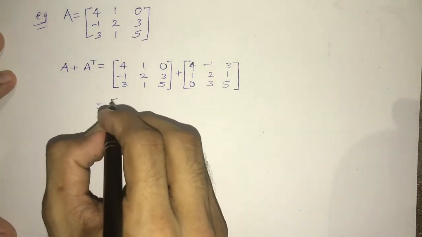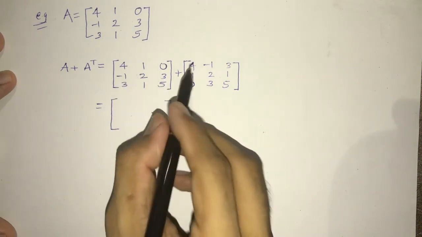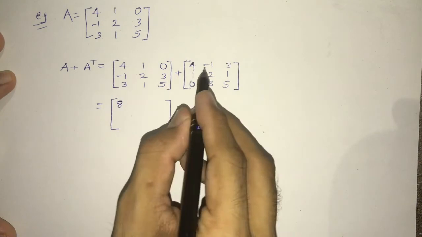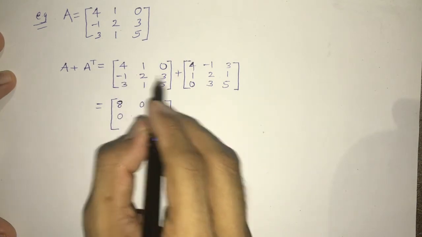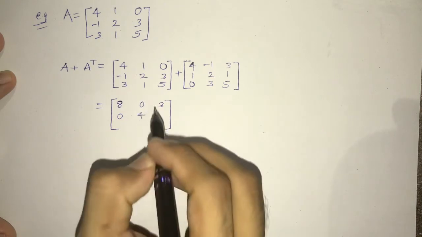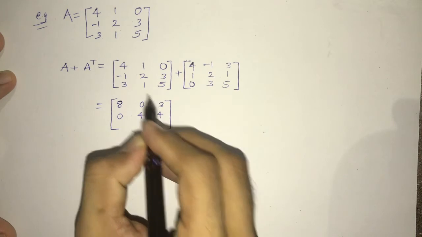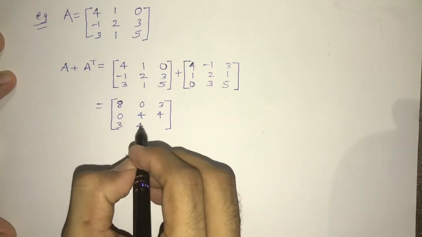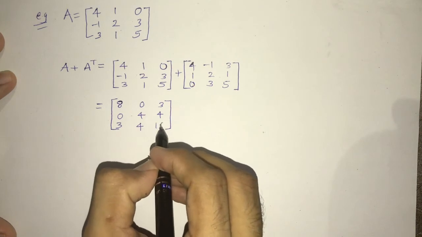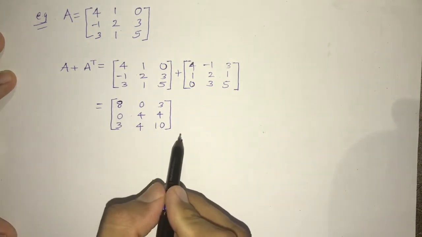And when we add, A plus A transpose, we're going to get 4 plus 4, 8, 1 minus 1, 0, 3 becomes 0, 2 plus 2 becomes 4, 3 plus 1 becomes 4, 3 plus 0 becomes 3, 1 plus 3 becomes 4, 5 plus 5 becomes 10. 8, 4, 10 becomes the diagonal.